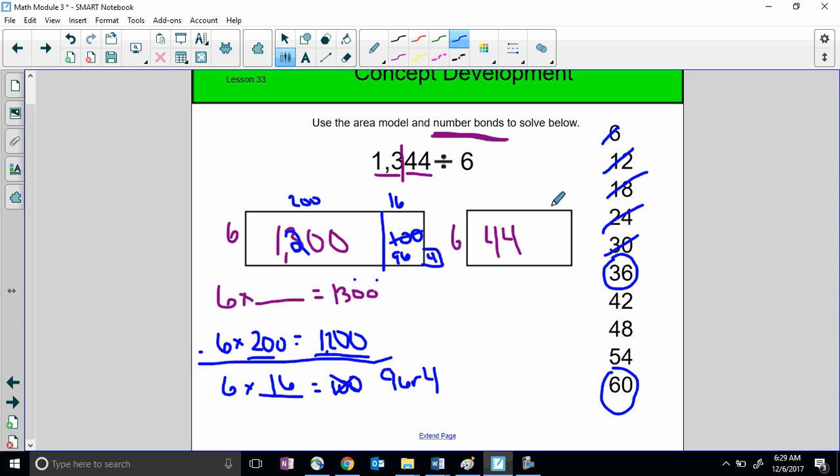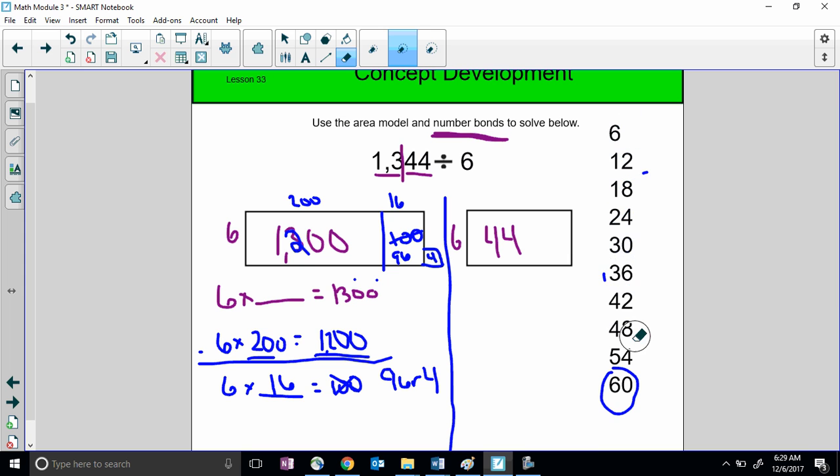Now, let's move over here. Make a line to separate my work here. 44. Well, fortunately, I already have my numbers here. So let's look as close as possible without going over. Well, 60 went over, 54 went over, 48 went over, 42, that one didn't go over, so 6 times 1, 2, 3, 4, 5, 6, 7.